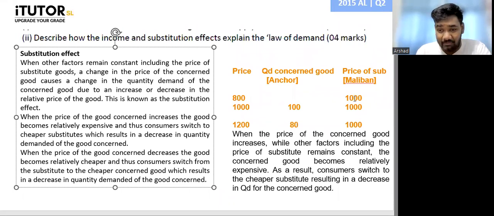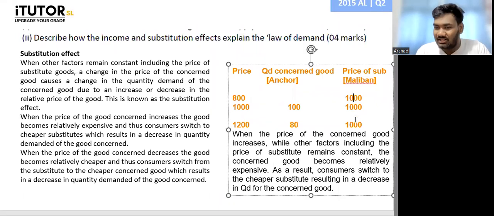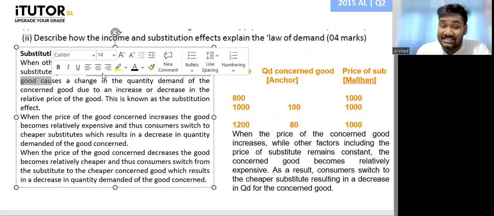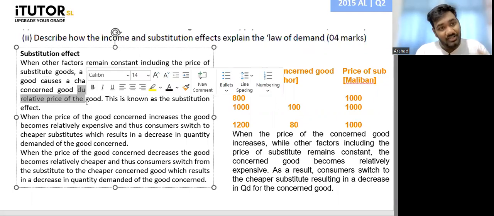Here in my example, Maliban is 1000, 1000, 1000. While Maliban is constant, a change in the price of the concerned good causes a change in quantity demanded for the concerned good due to an increase or decrease in the relative price. Because your price changes, your relative price changes. It becomes relatively more expensive or relatively cheaper. That is what you call the substitution effect.